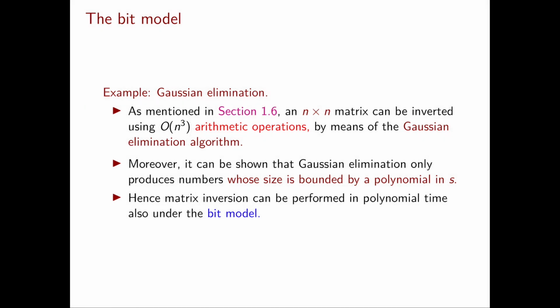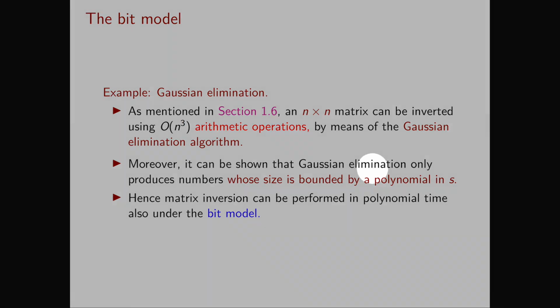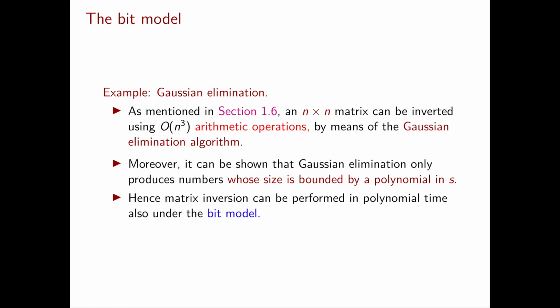Therefore, it is a polynomial time algorithm under the arithmetic model. On the other hand, it can be shown that Gaussian elimination only produces numbers whose size is bounded by a polynomial in the size S of the input matrix. Therefore, using our fact, Gaussian elimination is a polynomial time algorithm under the bit model. Therefore, matrix inversion can be performed in polynomial time under the bit model.